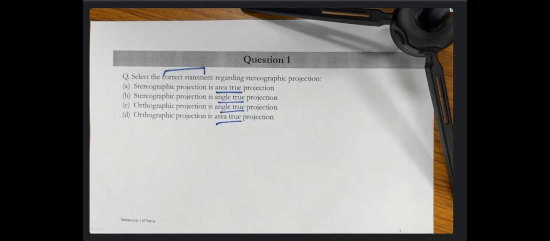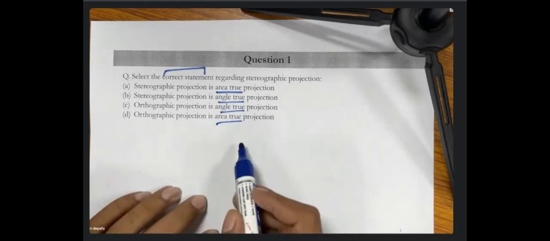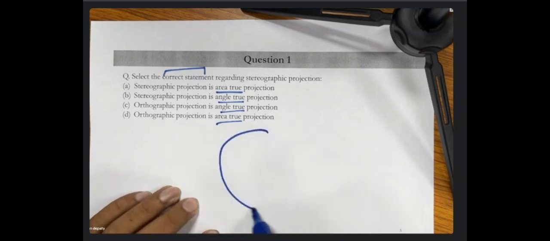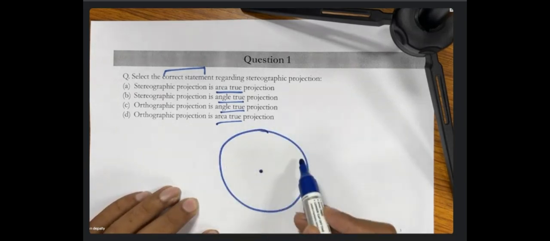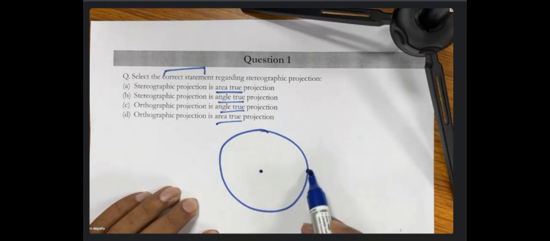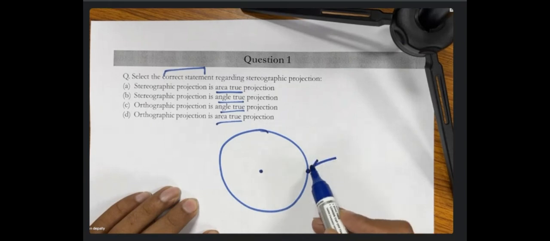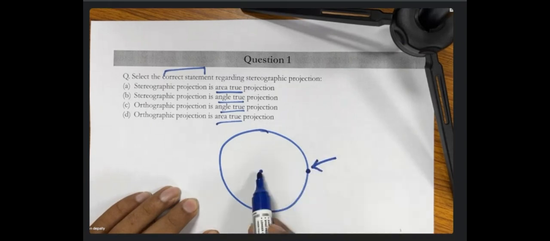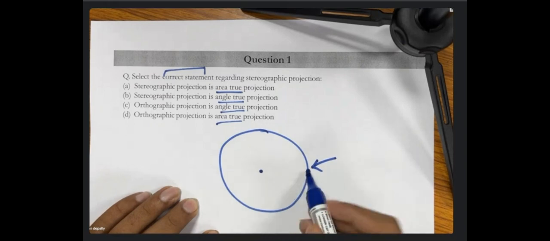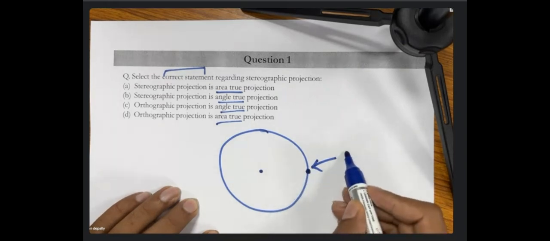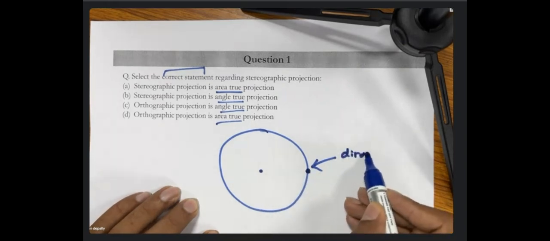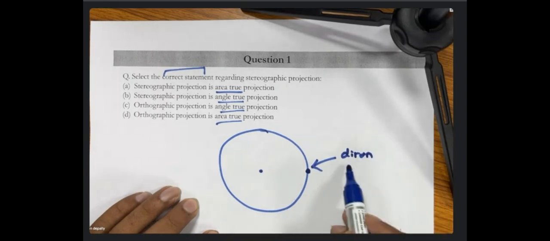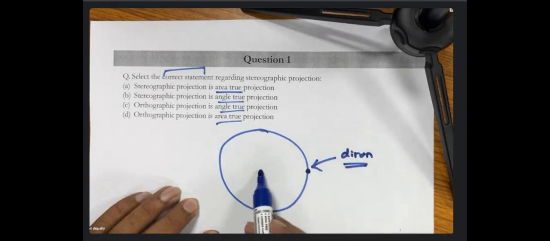See, in a stereograph, if I am drawing one, I know the points which are located over here. Let us say on the projection plane, if a point is located at the circumference, we know that this point is representing a direction, and that direction is at 90 degrees from the center.